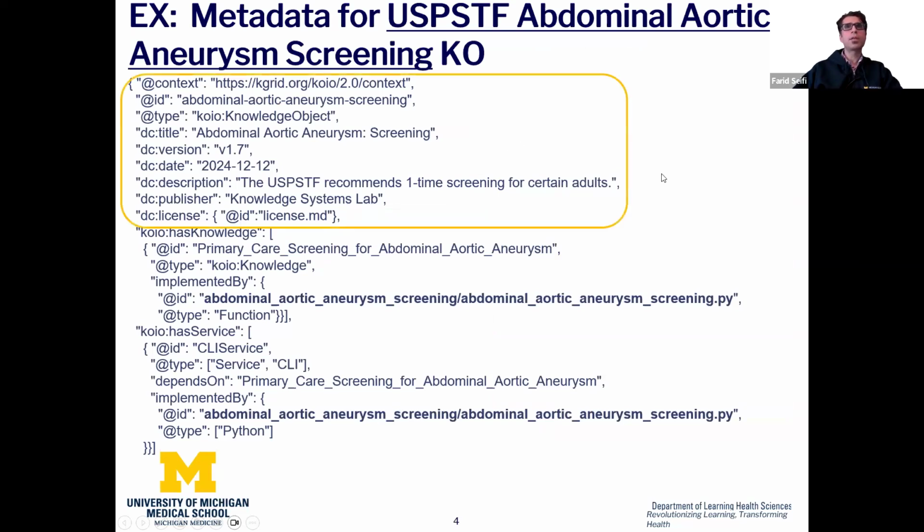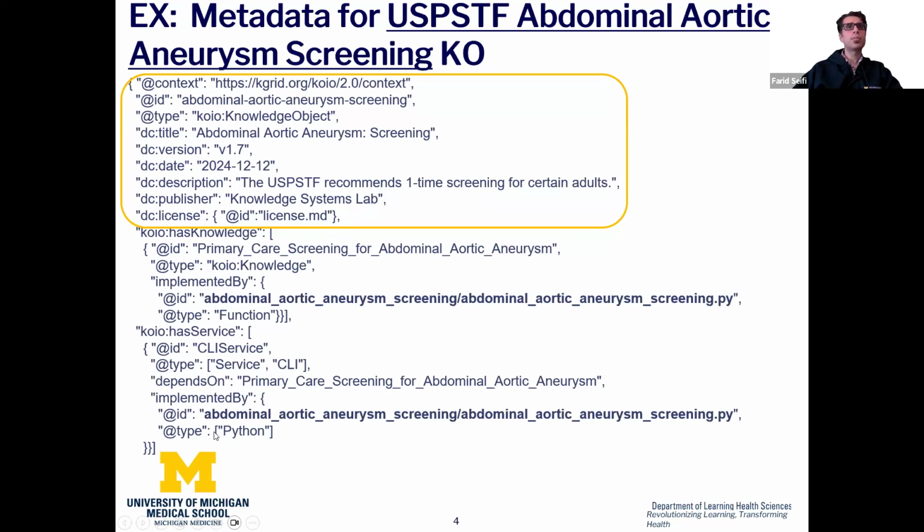At the top, we have the administrative and descriptive section where we talk about the type, title, version, date, description, publisher, and license. For this section, we use most of the terms from existing ontologies like Dublin Core. We only have one term defined in our ontology, knowledge object, to type this element.